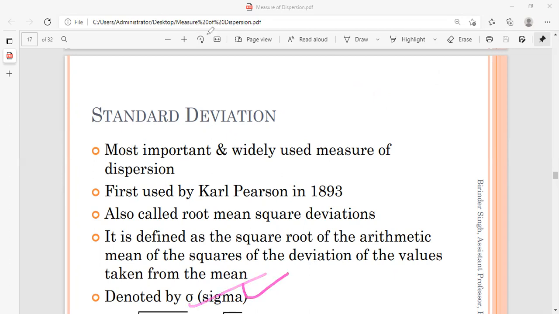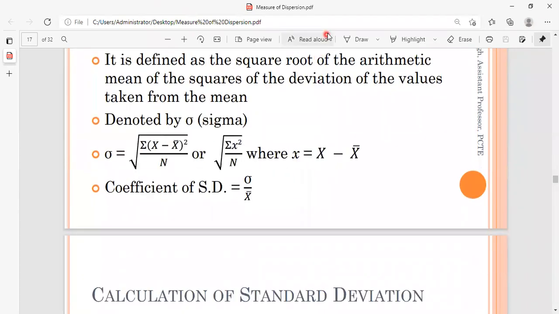I already talked about this point. Okay, let us move ahead. Here, sigma is the general computation formula for the estimation of the standard deviation.